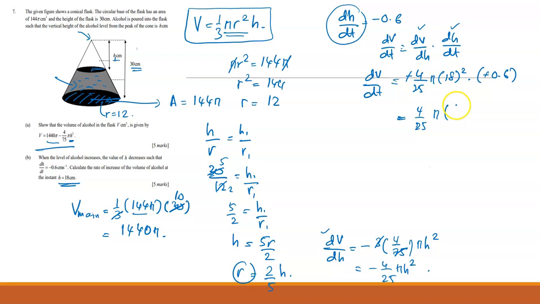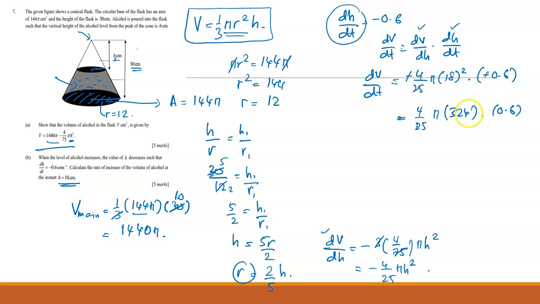What is 18 squared? 18 squared is 324, which is 324 times 0.6.